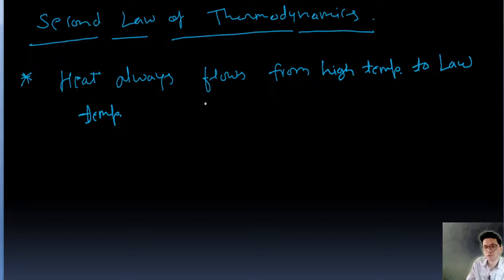Okay, so heat always flows from high temperature to low temperature, like the current always flows from high potential to low potential.